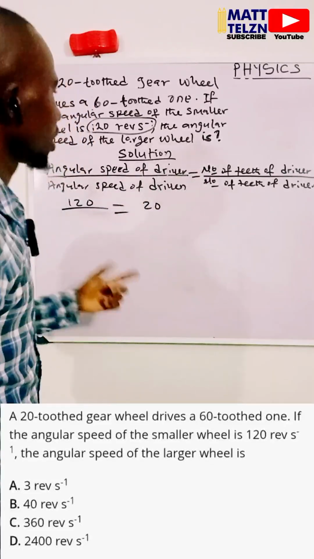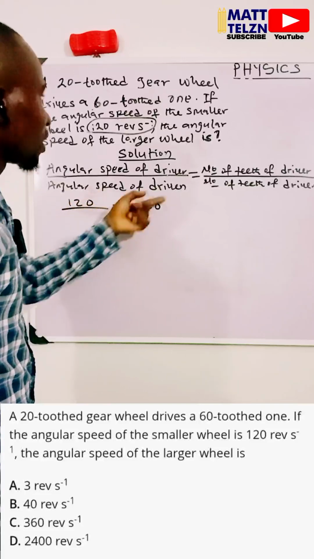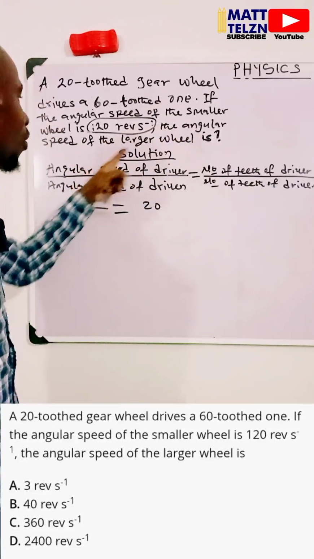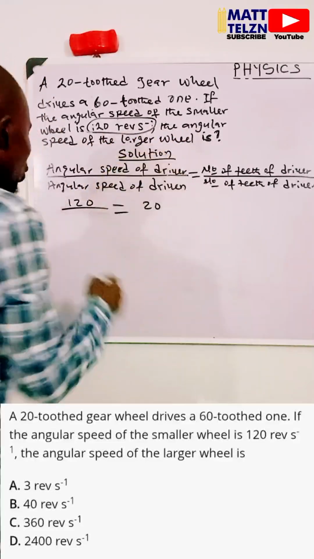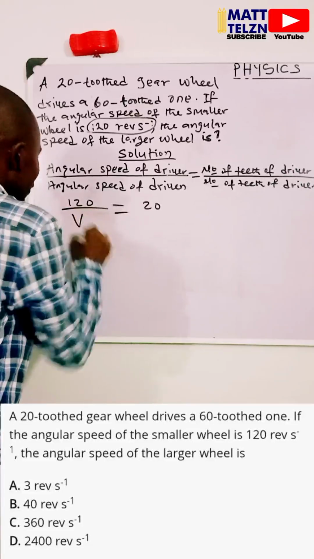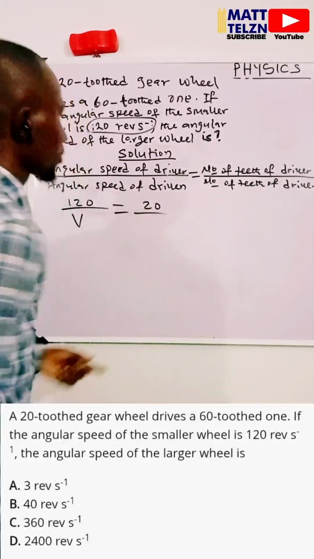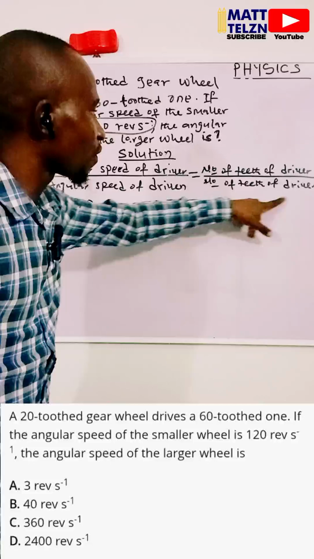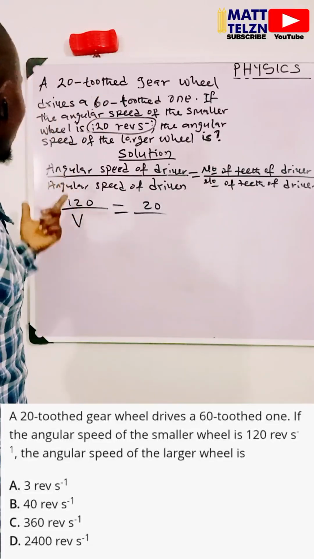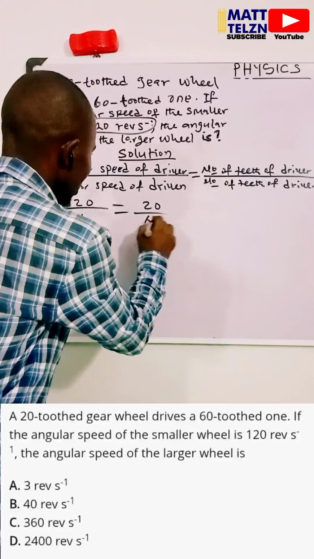The next thing is the angular speed of the driven, that is the larger wheel. We don't know it, so let's just use V. The number of teeth of the driven is 60.